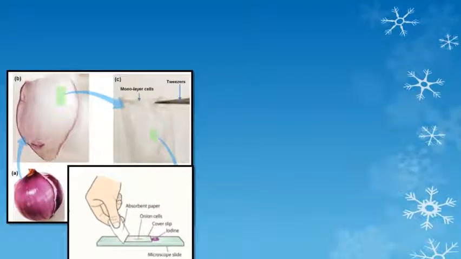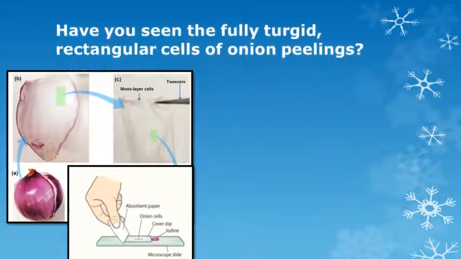Students, here we have to perform one activity. Have you seen the fully turgid rectangular cells of onion peel? Here you can see a picture in which an onion is there.